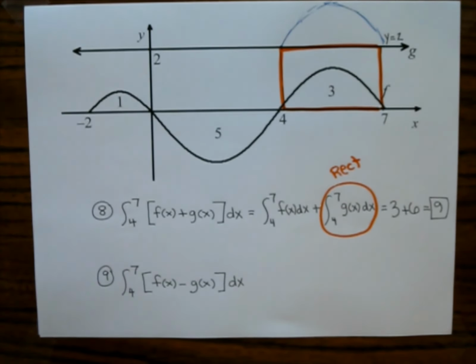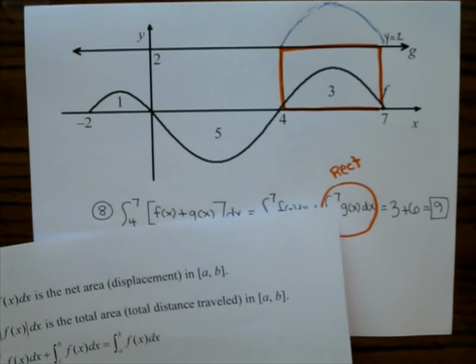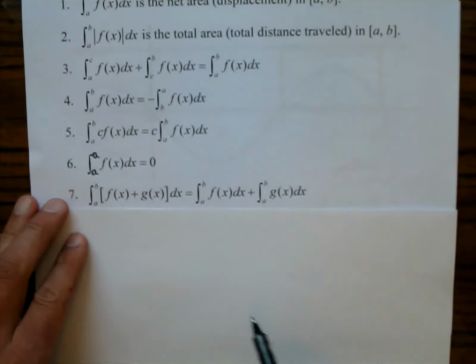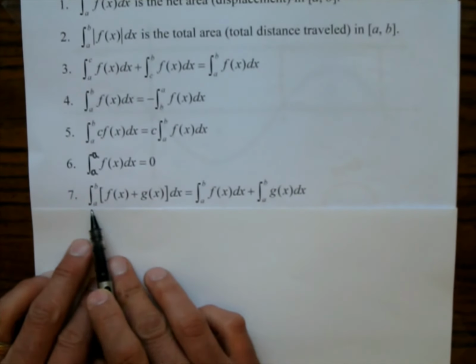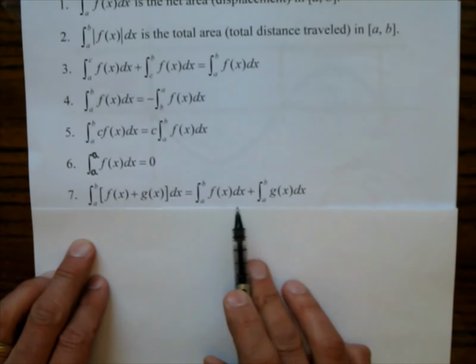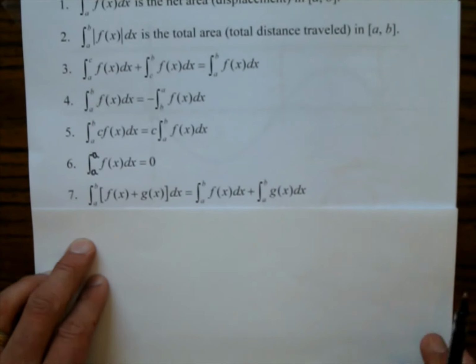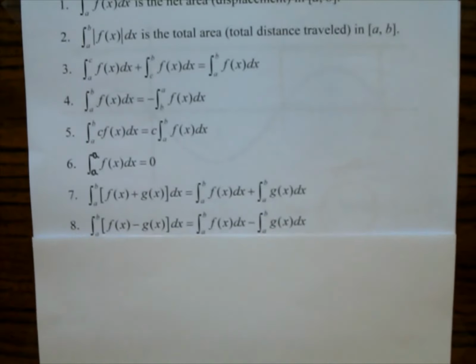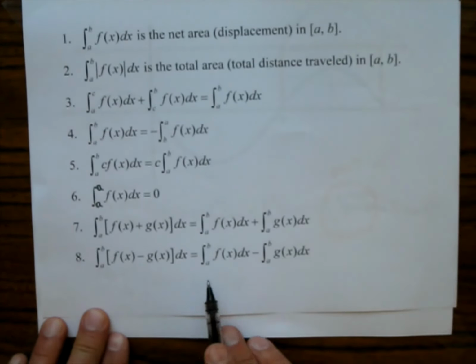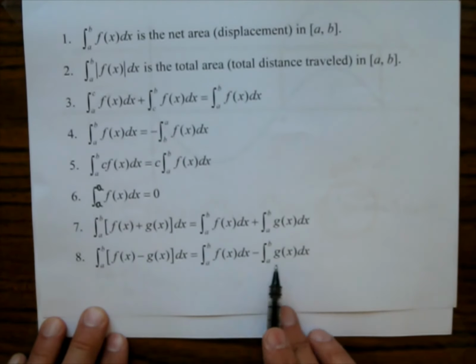So getting back to our properties here, this property number 7 says you are taking the definite integral of a sum. It's the sum of the definite integrals. That's all it says. And guess what? There's another one that says the definite integral of a difference is the difference of the definite integrals.